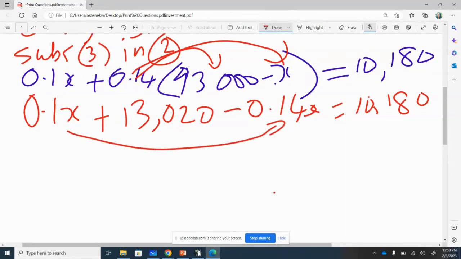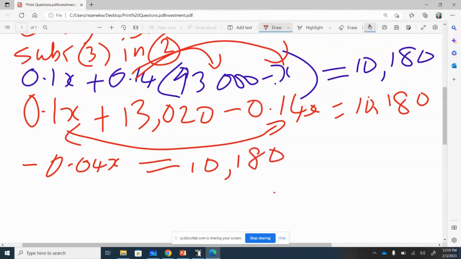This and these are like terms, and I'm going to move 13,020 to the right. So everybody look: 0.1 minus 0.14x will give me negative 0.04x. Is it true? Yeah. Very good. This is equal to 10,180 on the right-hand side minus 13,020.